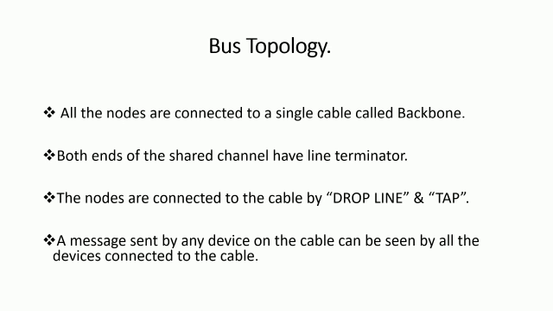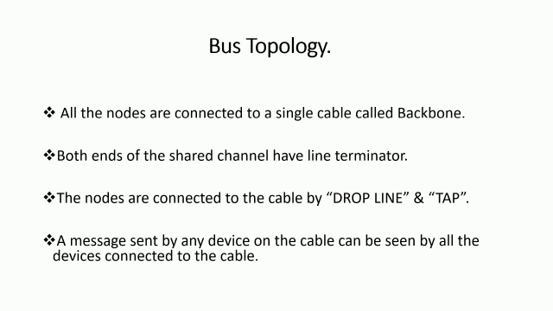In bus topology, all the nodes, by nodes I mean the devices, are connected to a single cable called the backbone. These nodes are connected to the cable by a drop line and a tap. First of all, I'll make you understand what drop line is, what tap is, and then you will check it diagrammatically. Drop line connects a node with a cable.